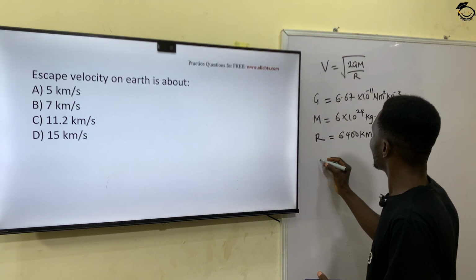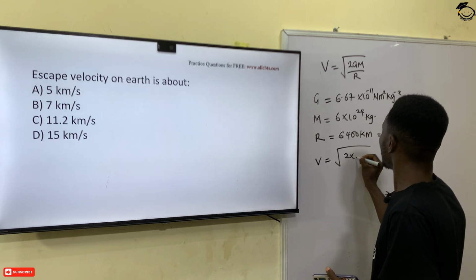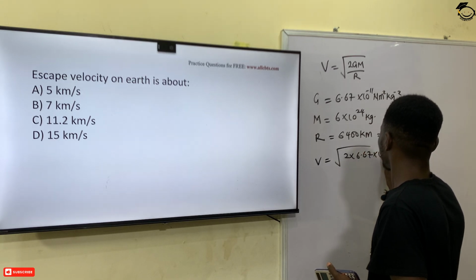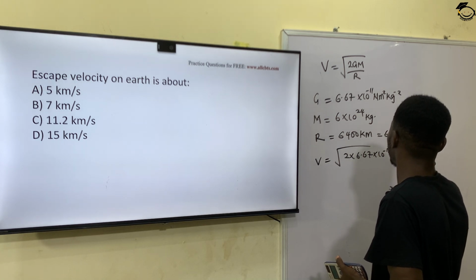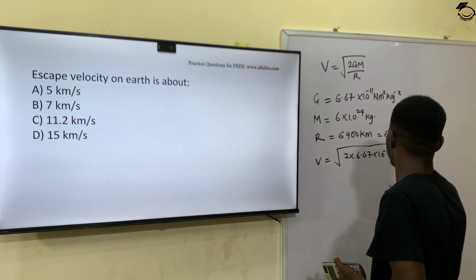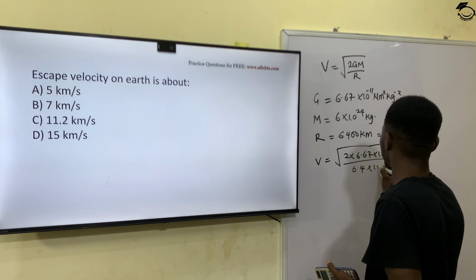If I input my values, V is equal to the square root of 2 times 6.67 times 10 raised to the power minus 11 times 6 times 10 raised to the power 24, over 6.4 times 10 raised to the power 6.